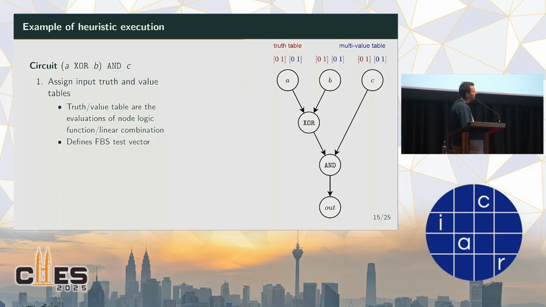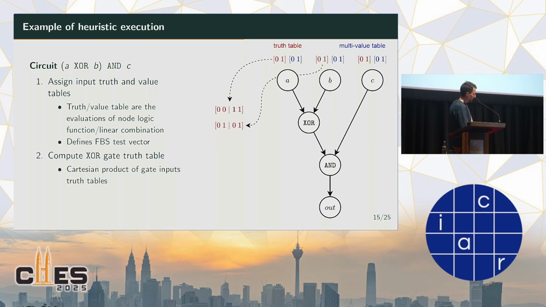One is the truth table of the input, which can be 0 or 1. The second one, we call it a multivariate table, which is the evaluation of the linear combination of this subgraph, or of a cone of the circuit which ends in this node. So for inputs, it's 0, 1 in all cases.